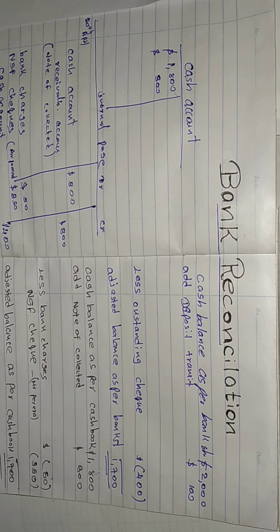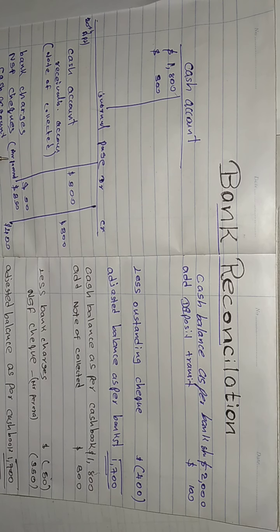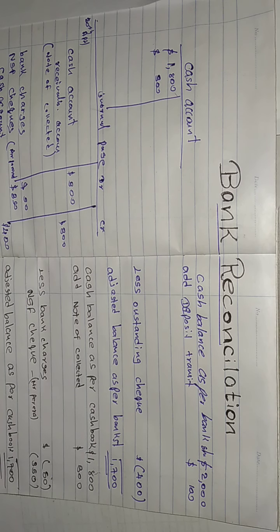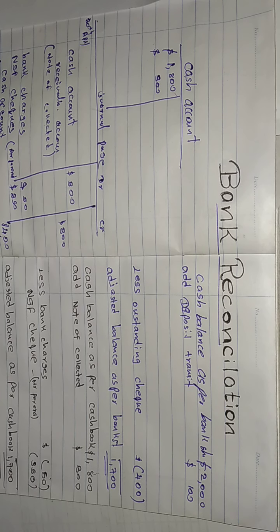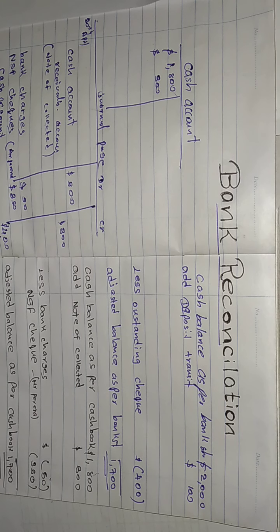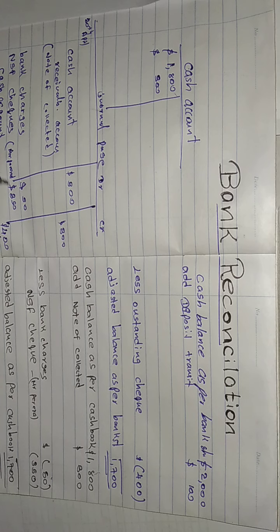That customer still owes us money, so we debit accounts receivable for Mr. Pereira $350. He still owes us the money, so we make sure we debit his account receivable. Then we reduce our cash account by these two numbers, a total of $400, and we post this journal entry.